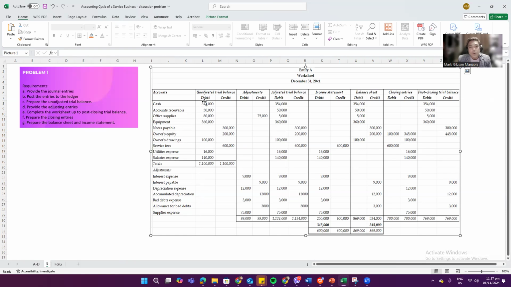Initially, we purchased 80,000, so a debit of 80,000. But then, we have an adjusting entry for the used portion, so that's a credit of 75,000 to office supplies. Therefore, the remainder would be 5,000. That is the result of these two items.